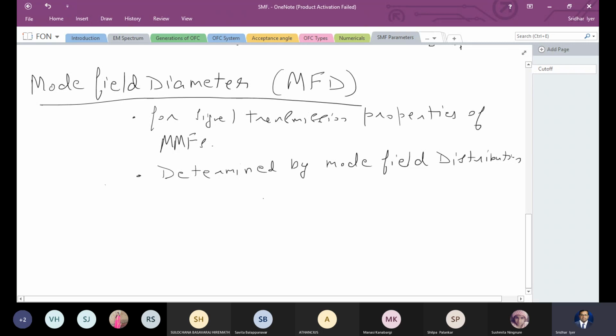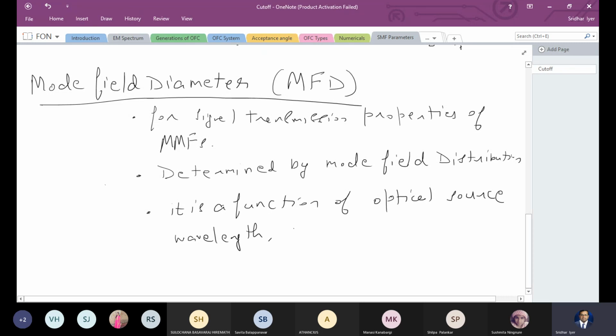And the third point regarding this MFD is that it is a function of optical source wavelength, core radius of the fiber, and refractive index profile.